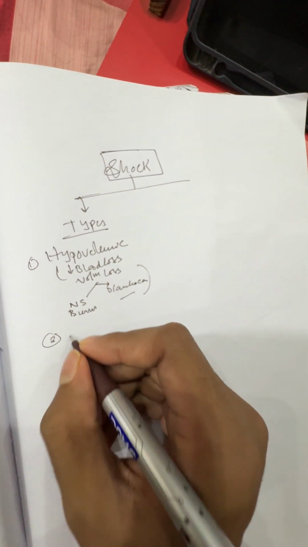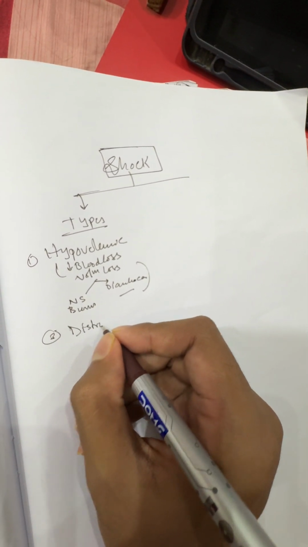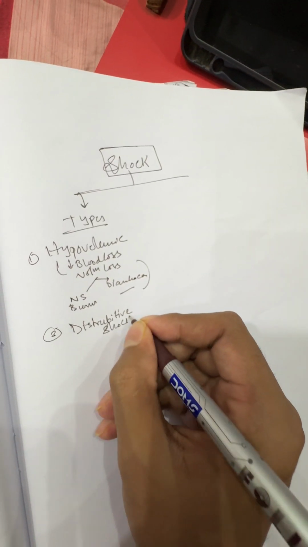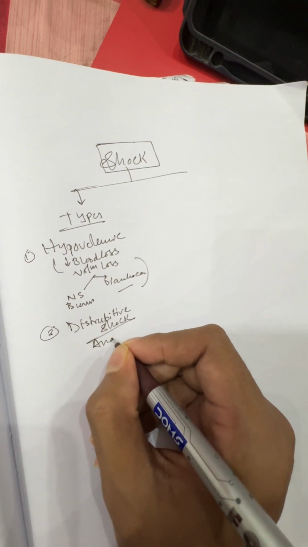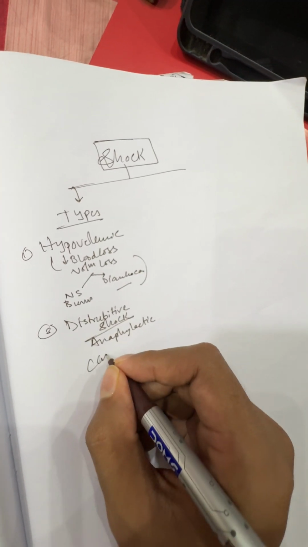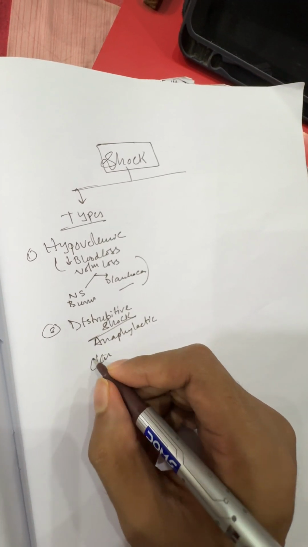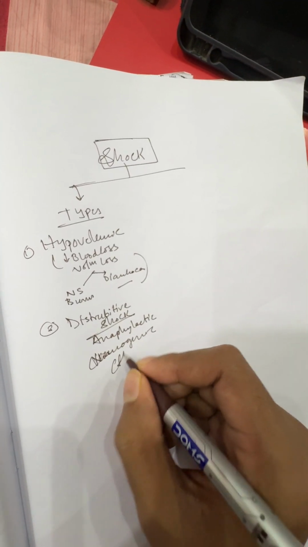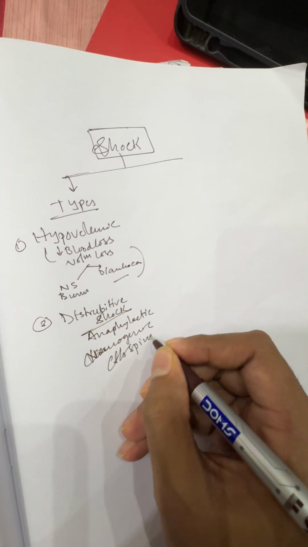Then we have distributive shock: anaphylactic, neurogenic. Neurogenic means following spinal trauma.